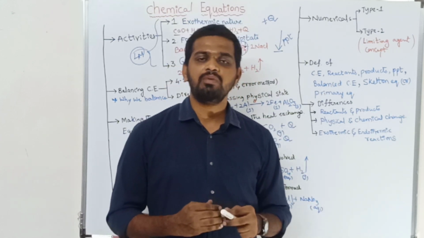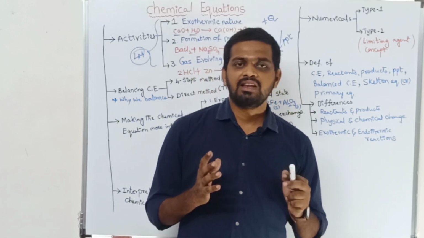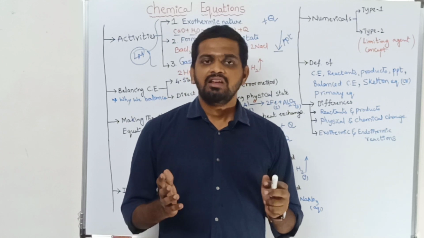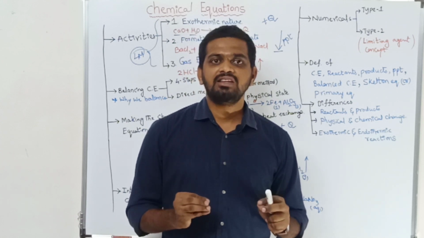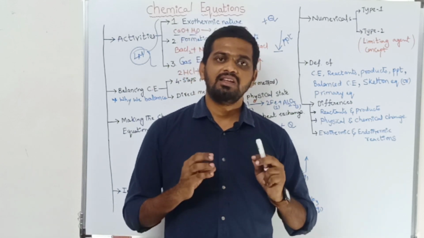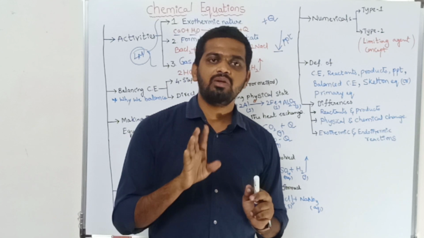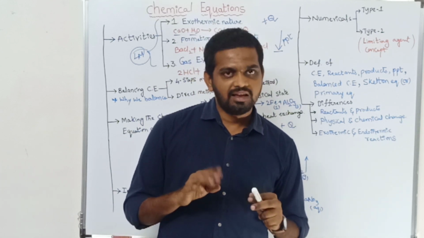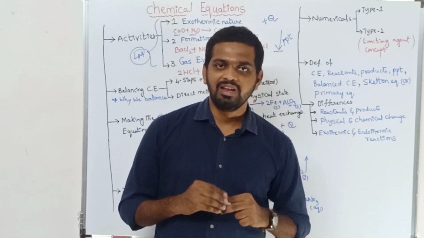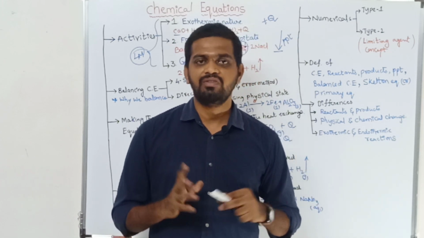In the fourth step, again I compare the number of atoms present in the reactant side and product side. If it is a balanced chemical equation, then I express the chemical equation in simple whole number ratio. This is what we do in the fourth step. For this, in the next video, I will upload in detail how to balance the chemical equation in the forced test method.